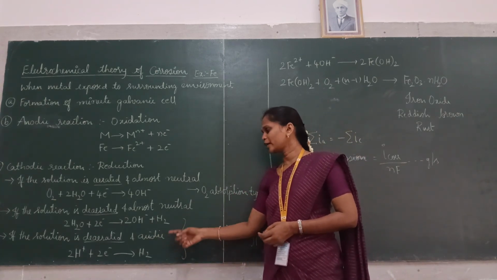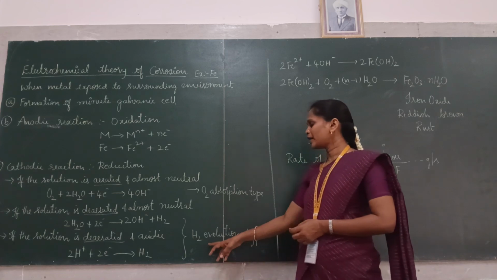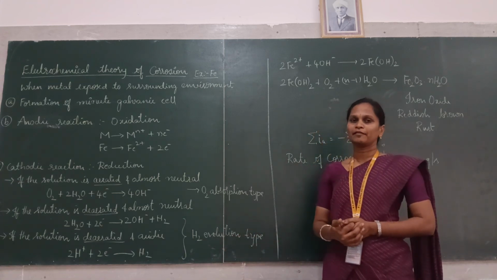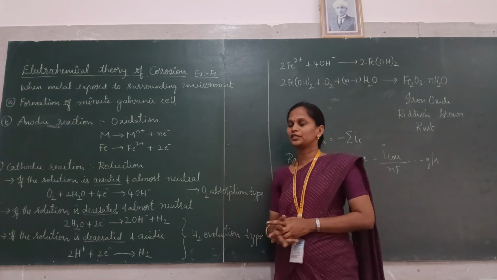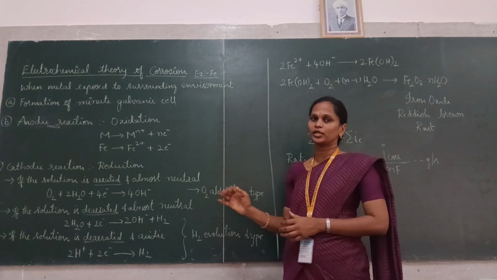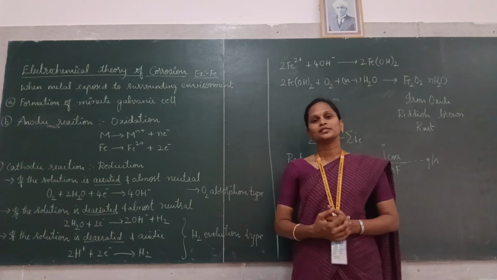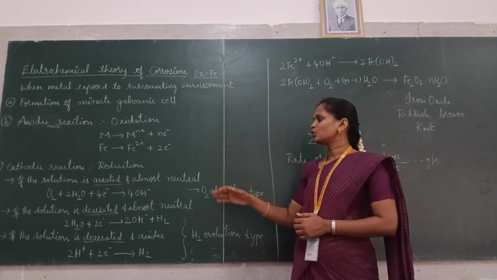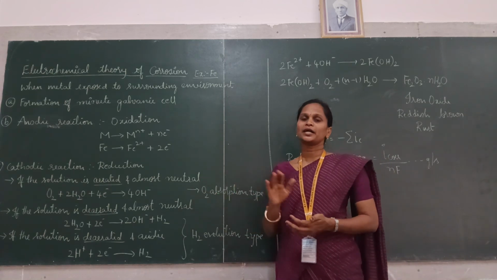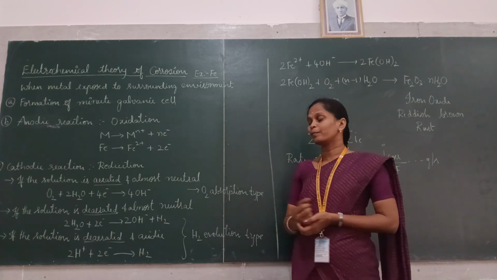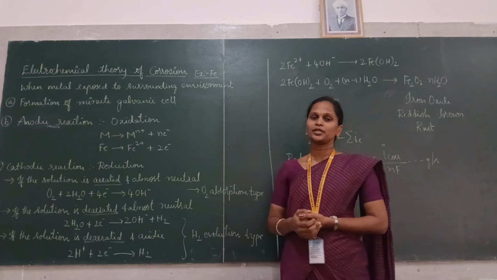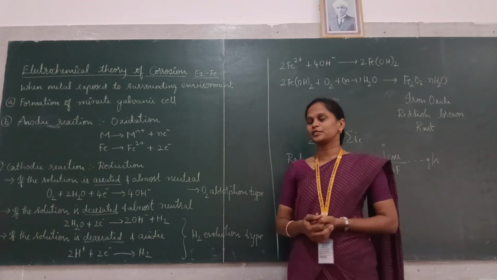These two types of cathodic reactions are examples of the hydrogen evolution type, and the other is called the oxygen absorption type. These are the possible cathodic reactions observed on the surface of the metal. Not all the equations take place at a time; based on the surrounding environment, any one cathodic reaction is observed on the metal surface.